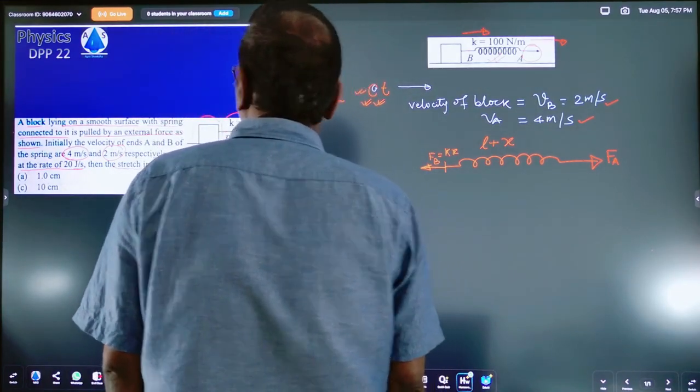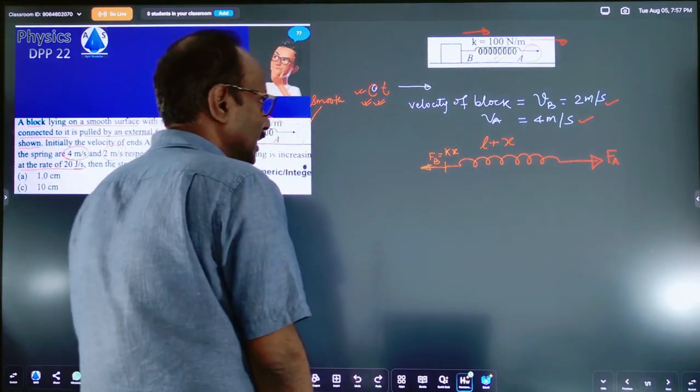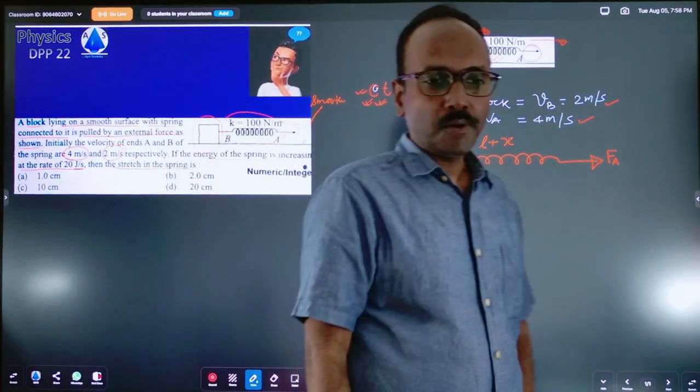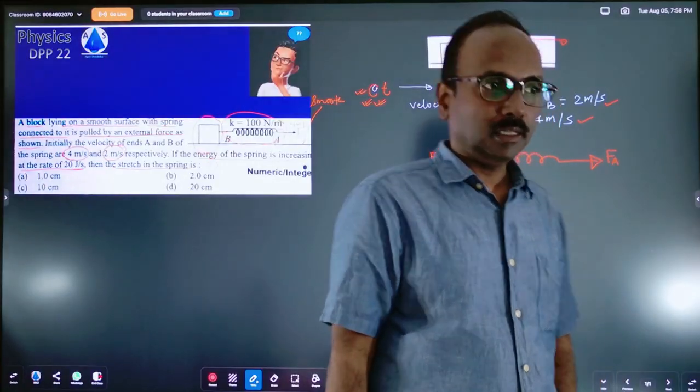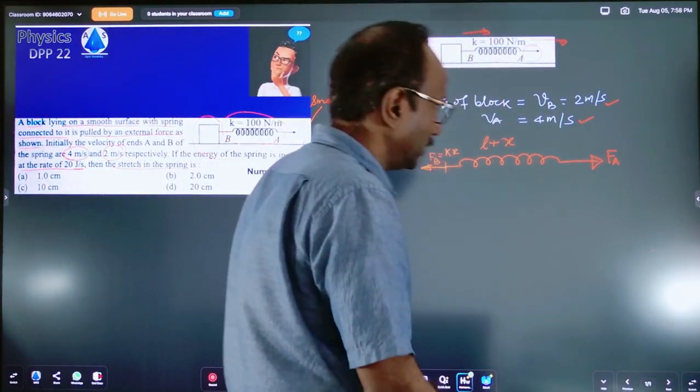Nothing has been mentioned about the mass of the spring. Actually, it should have been mentioned. We are taking the mass as negligible, almost zero.